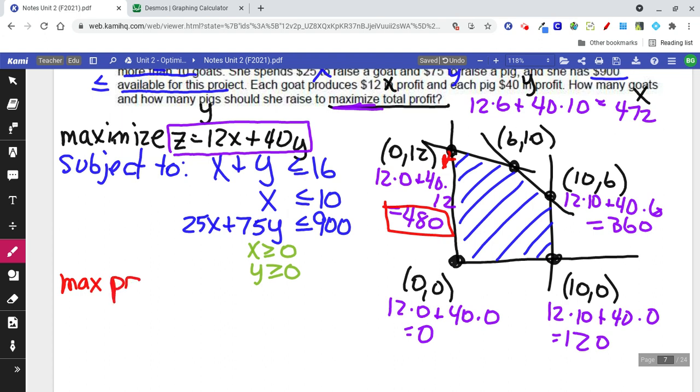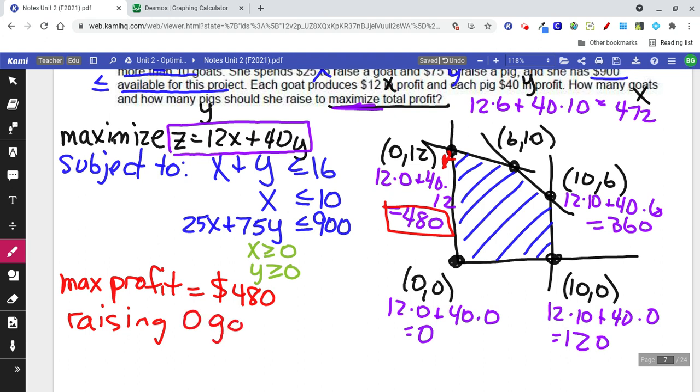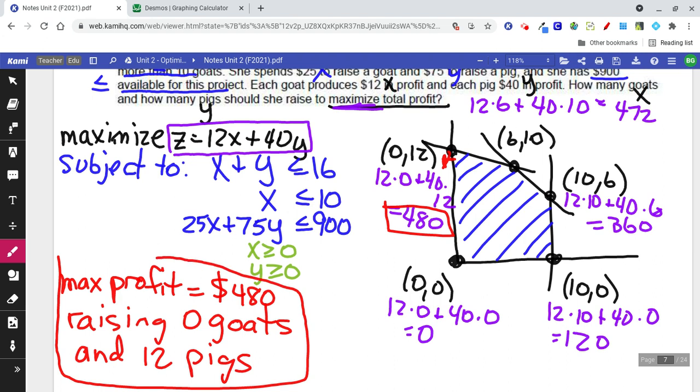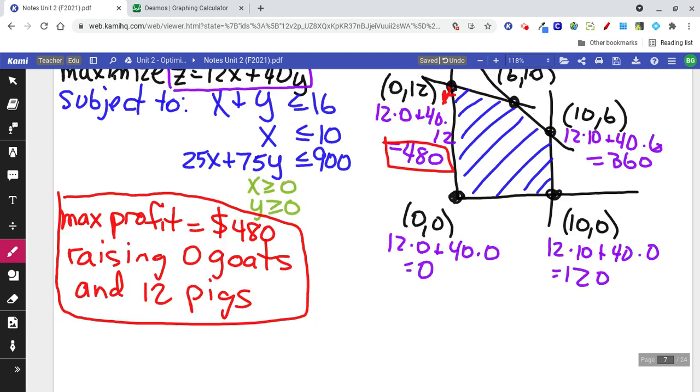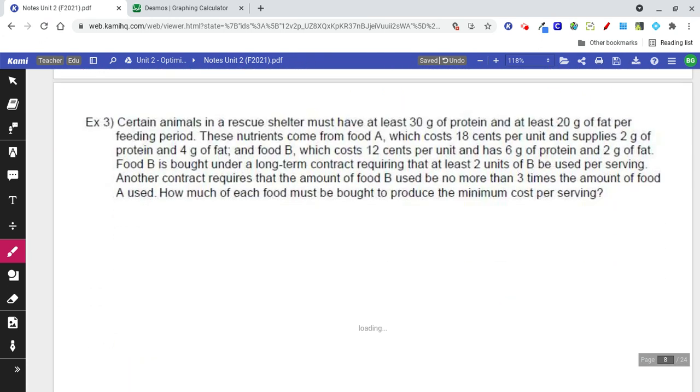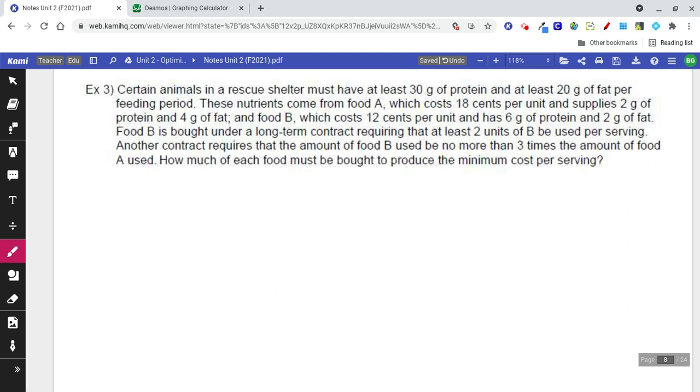We would say the max profit equals $480, raising 0 goats and 12 pigs. All of these problems are pretty much the same, so keep doing that. You got to read carefully to set it up and then graph.